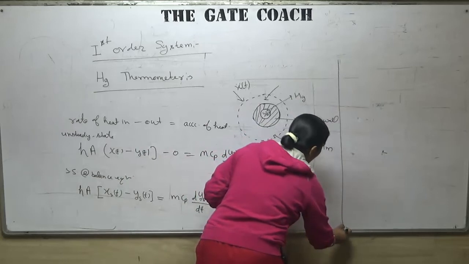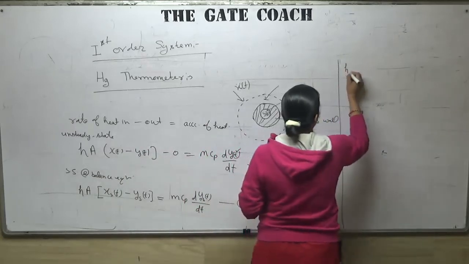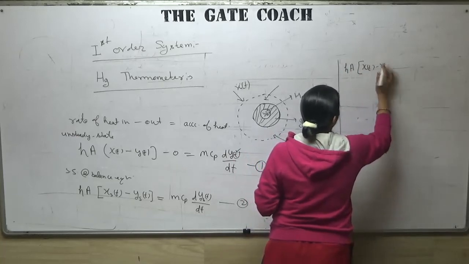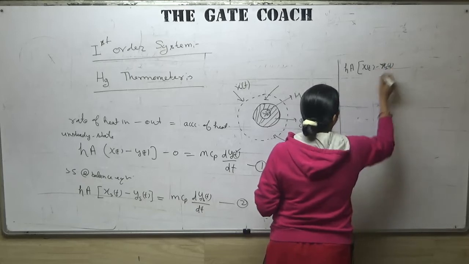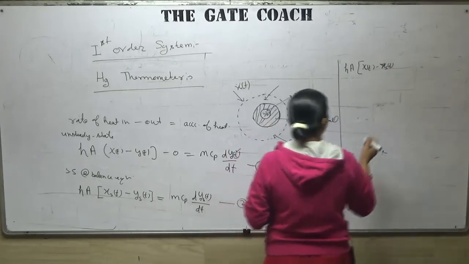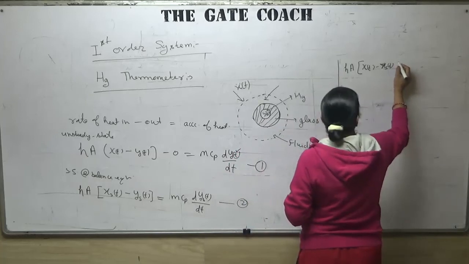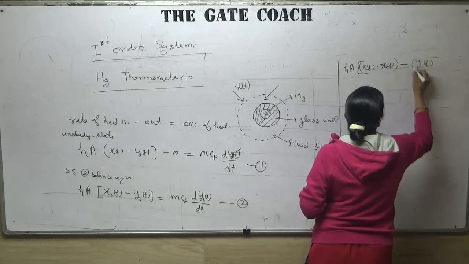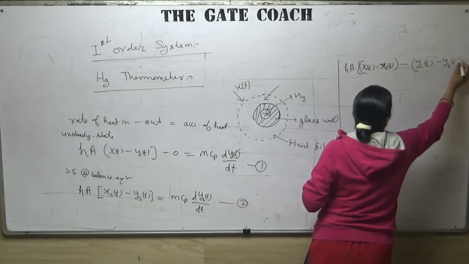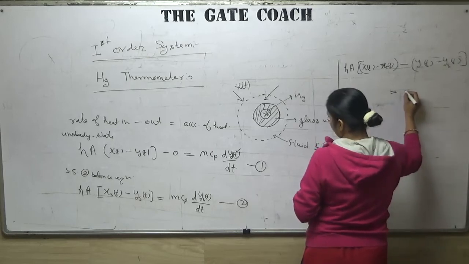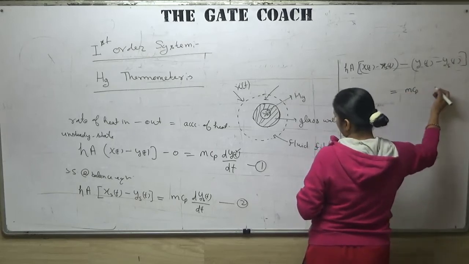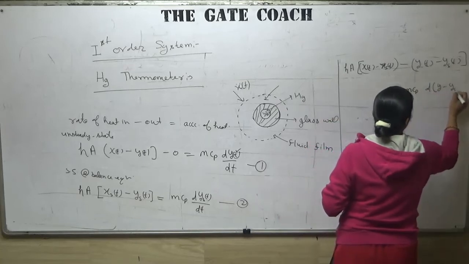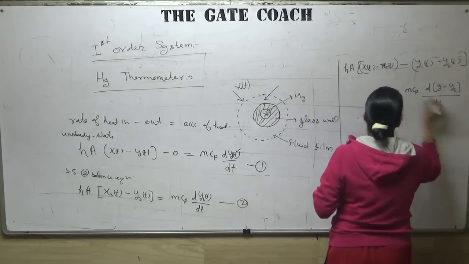After taking the deviation variable, you can take the Laplace transform. So this comes as hA(x(t) minus xs) minus (y(t) minus ys) equals mCp into d(y minus ys)/dt.